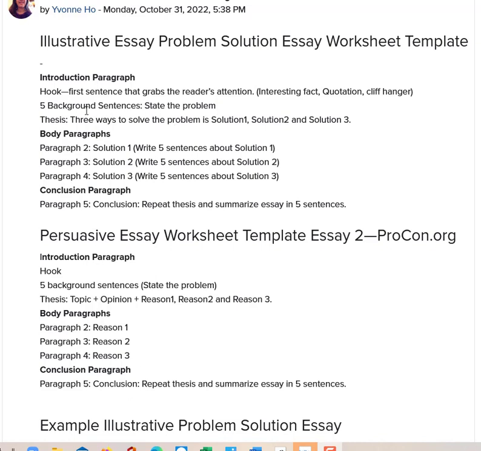Then, after you write your hook, you write your 5 background sentences in which you state the problem. For instance, if the problem is, once again, obesity, then you would state the overall problem. Many people in this country are overweight.